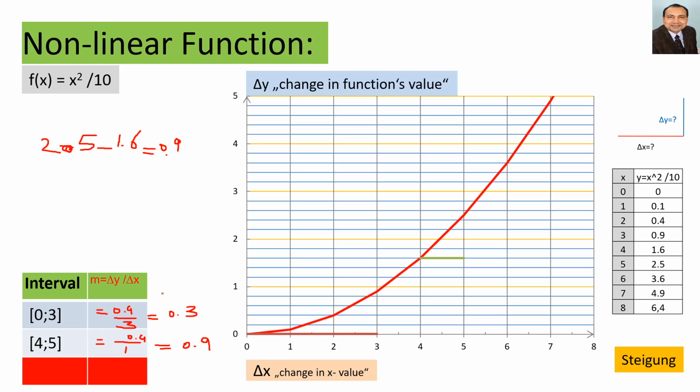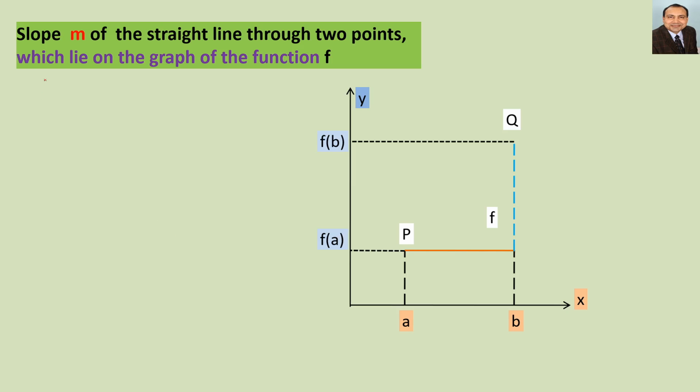But for a straight line, m must be the same for each interval. This is the slope m of the straight line through 2 points which lie on the graph of the function f. This is a summary of what you have observed earlier.